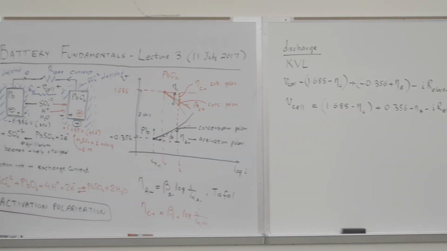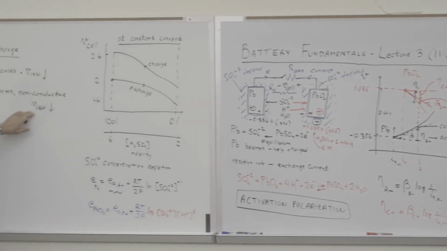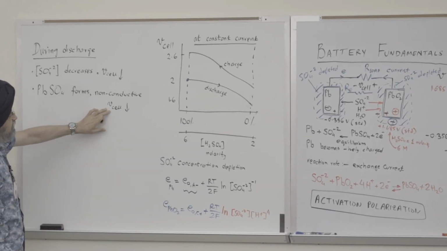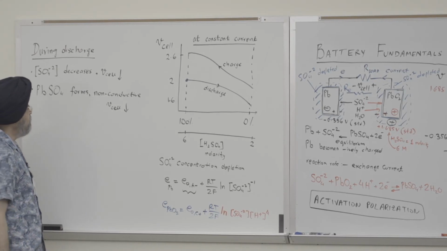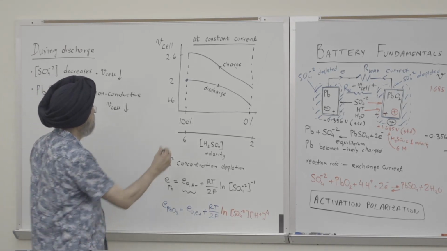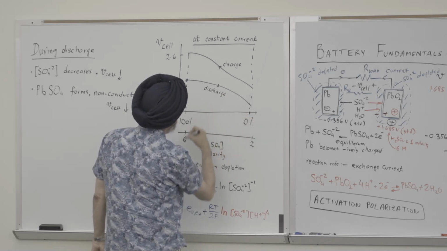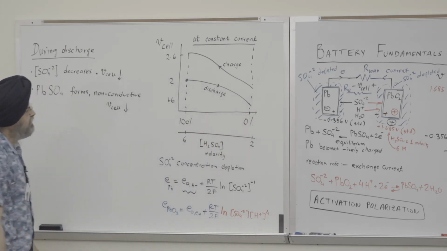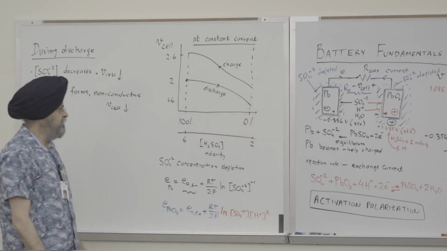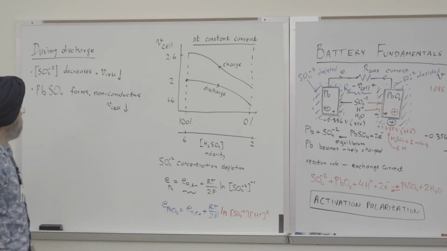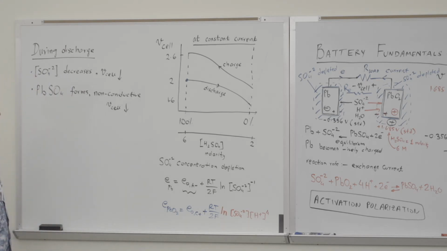So this also causes a decrease in the cell voltage. That's why during discharge the voltage keeps decreasing. Is there anything I forgot? I think this probably covers it. During discharge, that's what happens.